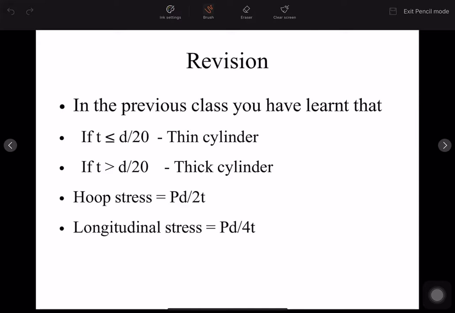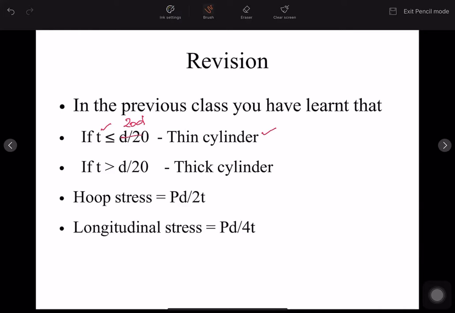In the previous class you learned that if small t, that is thickness of the cylinder, is less than or equal to d by 20, it is known as a thin cylinder.